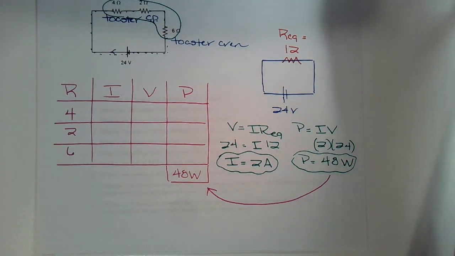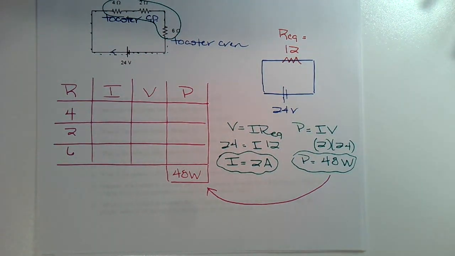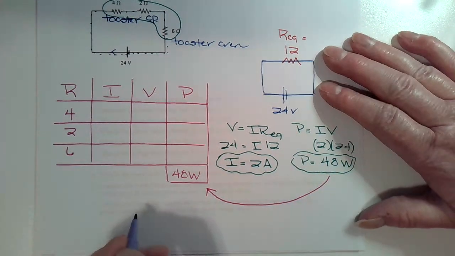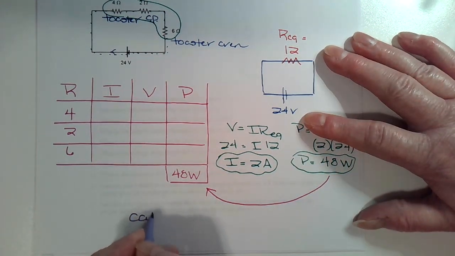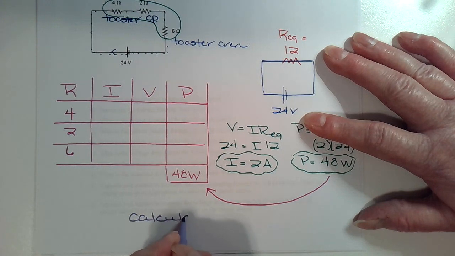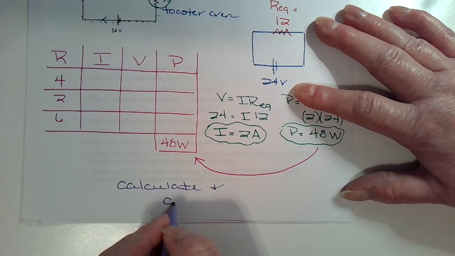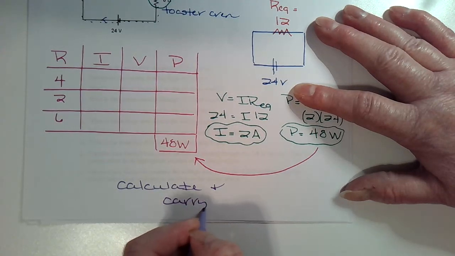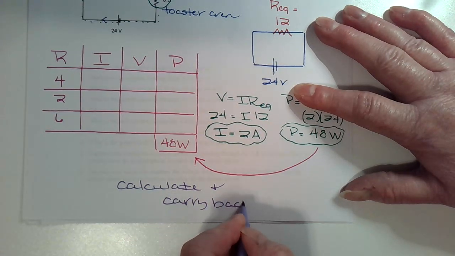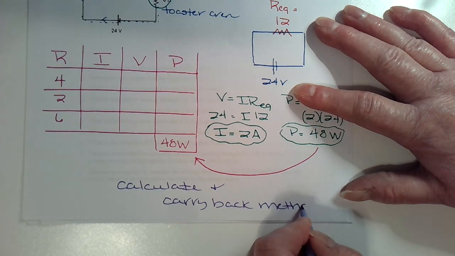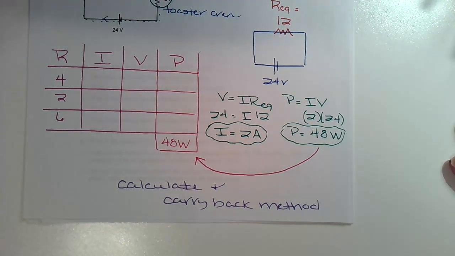All right, so completing the circuit chart in this problem is going to be pretty easy, but in future problems, it can get a little tricky sometimes. So what you do is, this is called the calculate and carry back method of analyzing a circuit.